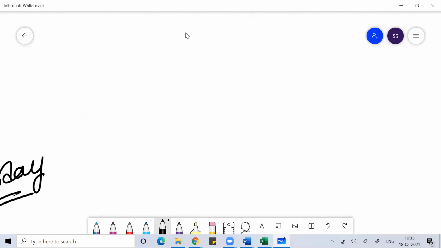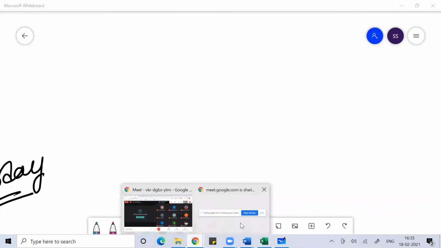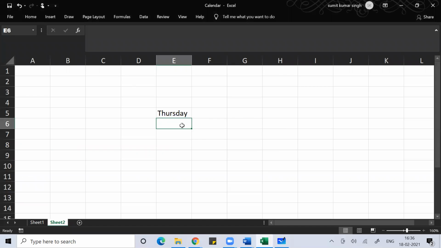Like the third battle of Panipat happened on 14th January 1761. So if you want, you can prove it mathematically. It happened in year 1761, month January, I guess January 14th.